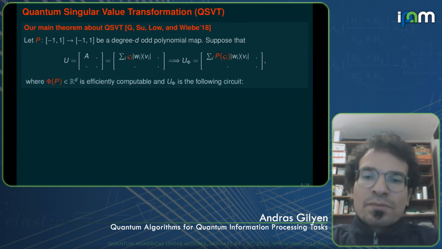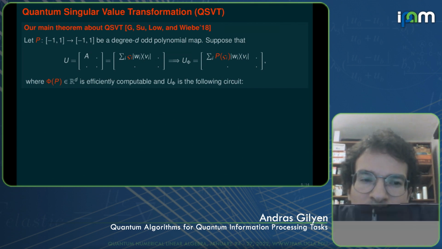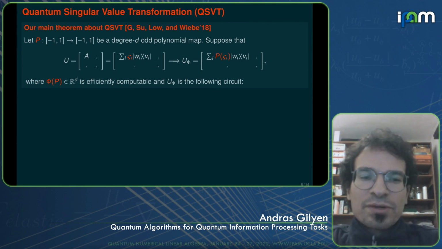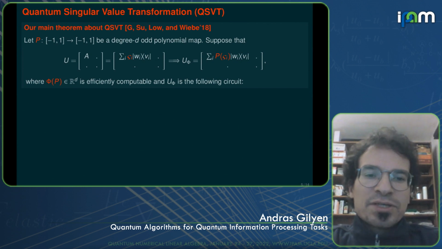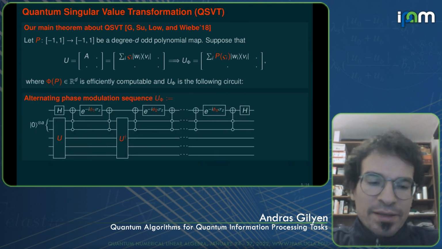And this is just by applying some angles, basically a single qubit rotation on a specific qubit, and these angles can be efficiently computed. And the ultimate circuit is something like this.